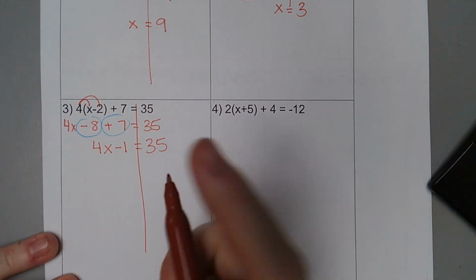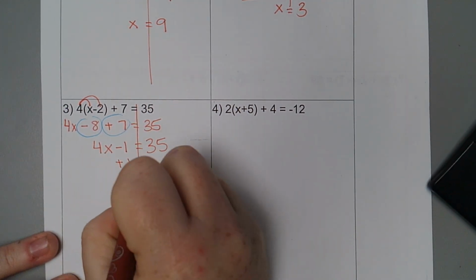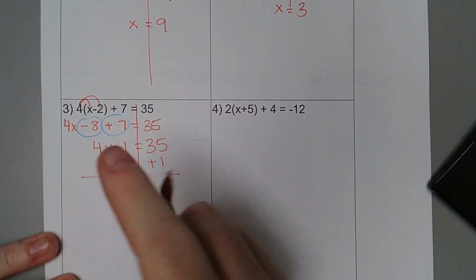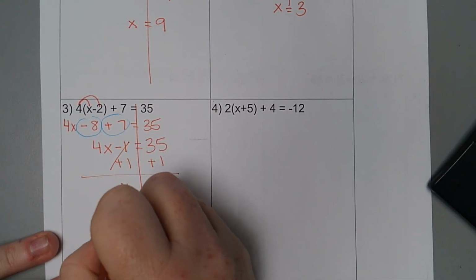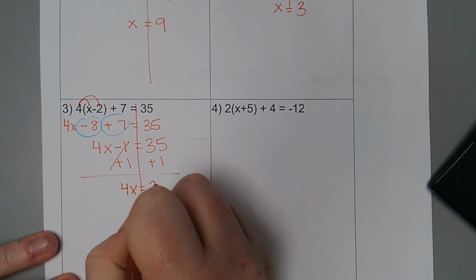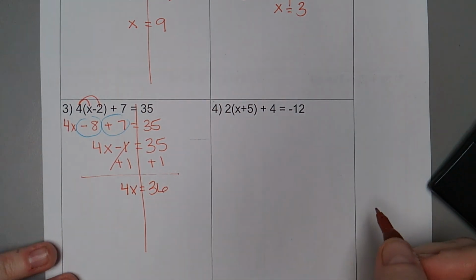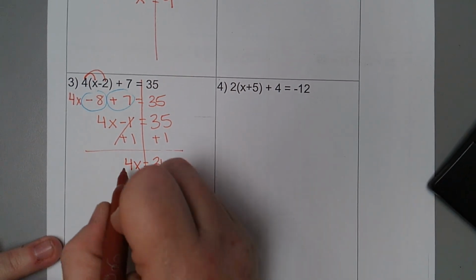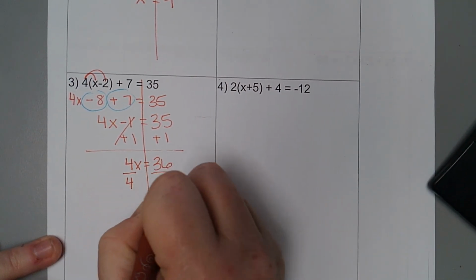The opposite of minus 1 is plus 1. Do that to both sides, leaving us with 4x equals 36. 4 times x, the opposite of multiplying by 4 is dividing by 4.